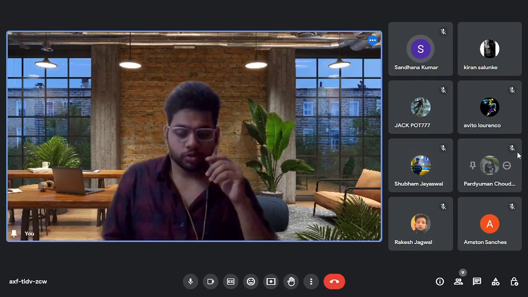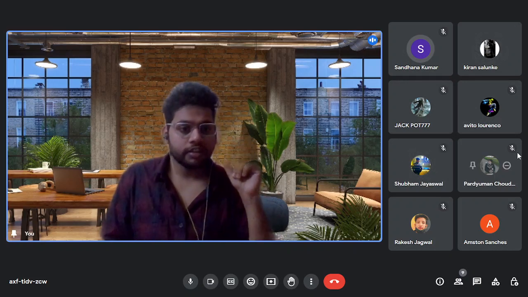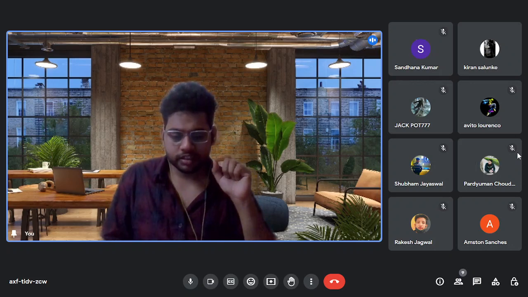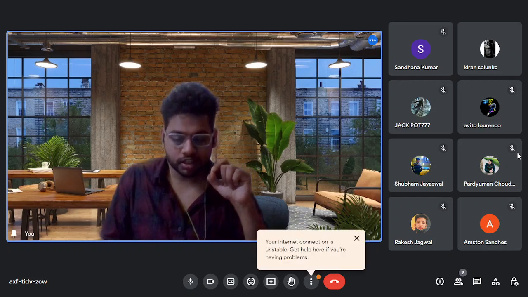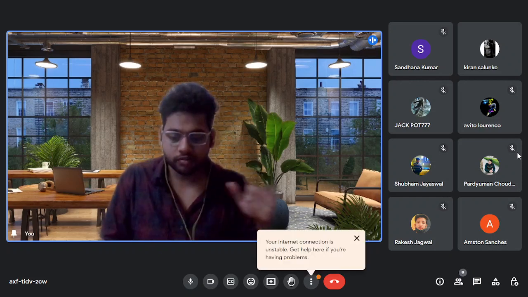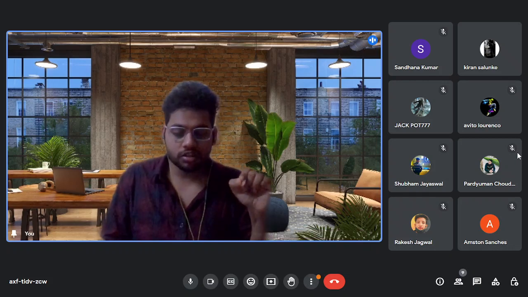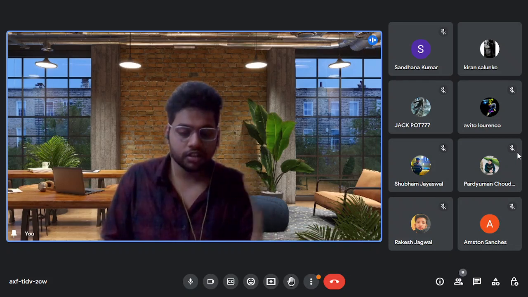In the case of a generator, my question is to Kiran and Avito. Is it really required to mention that a generator is a device that converts mechanical energy into electrical energy, but it consists of an engine or turbine that drives a rotor within a stator?